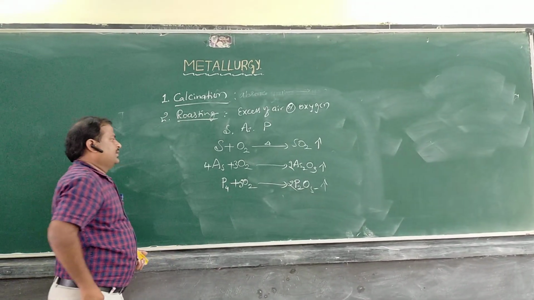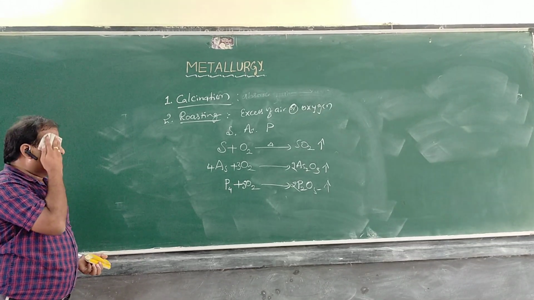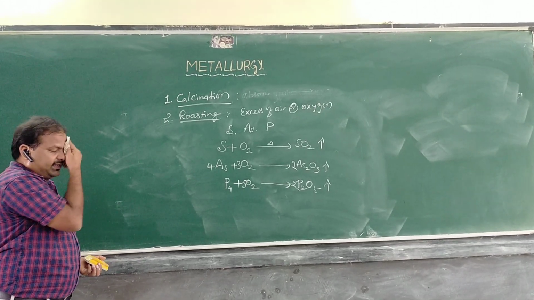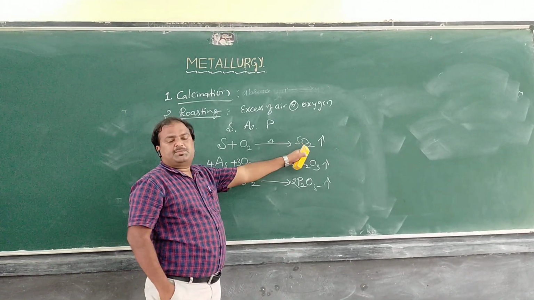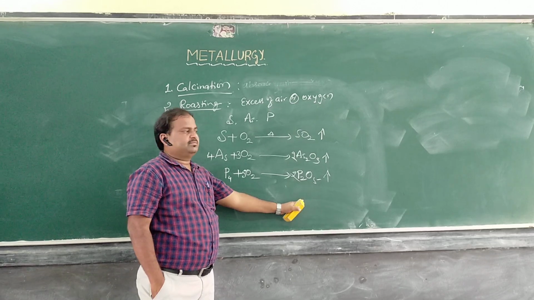So the volatile impurities such as sulfur, arsenic, phosphorus are expelled in the form of the corresponding volatile oxides.